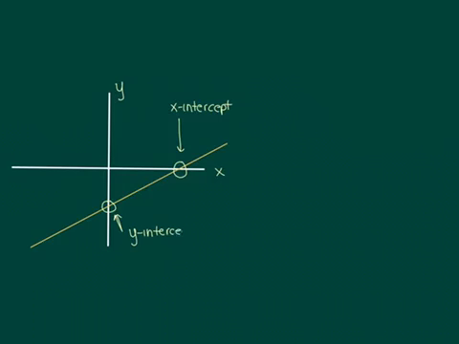And now remember, these are points, so we can write them as ordered pairs, which means an X-coordinate and a Y-coordinate. Well, if I'm looking at the X-intercept, I've moved over a certain distance here, but I haven't gone up or down. So every X-intercept is going to have the coordinates, whatever the X value is, comma 0.